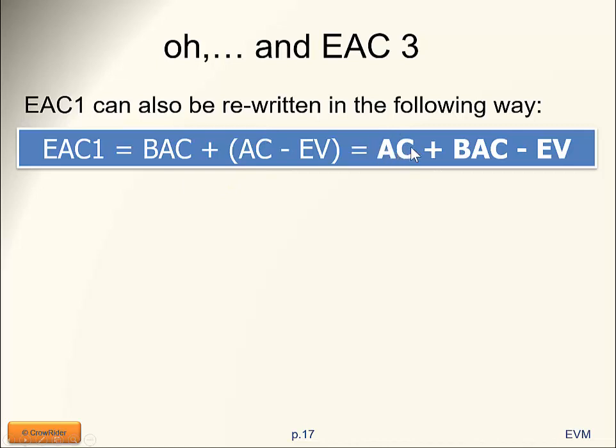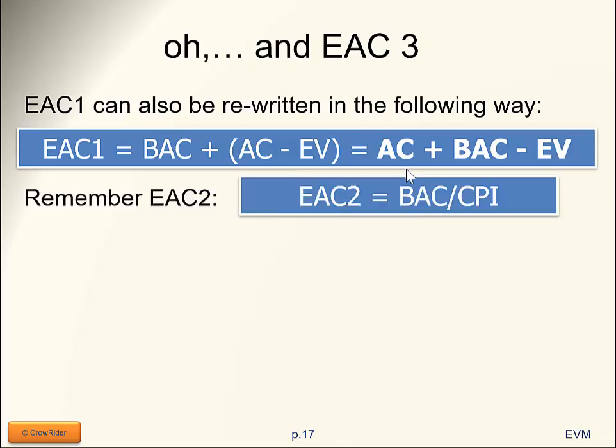However, what this means is I have already spent the actual cost. In addition to the money I've already spent, what will I still spend? Well, my budget at completion, or my baseline, has been assumed to be correct from now on. From now on is represented by budget at completion minus what I've already done, the earned value. And the second case was the budget at completion divided by CPI.